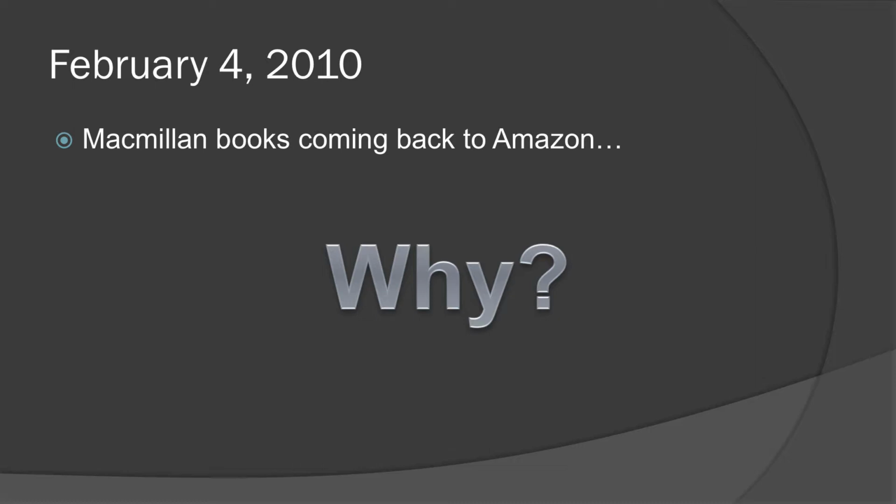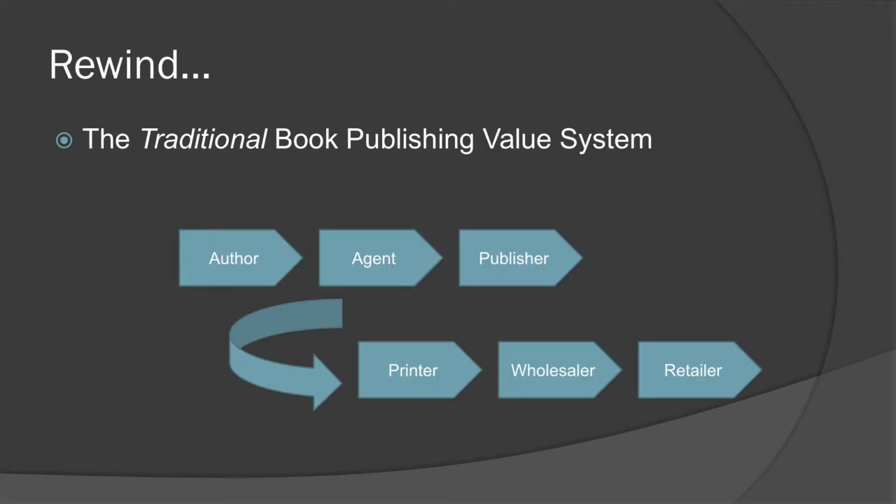And the reason they had the power to do it can be explained by the value system. So let's continue to talk through this. And that value system was very effective because just not that many days later, Amazon announced that the Macmillan titles were reinstated in the Amazon marketplace for ebooks.